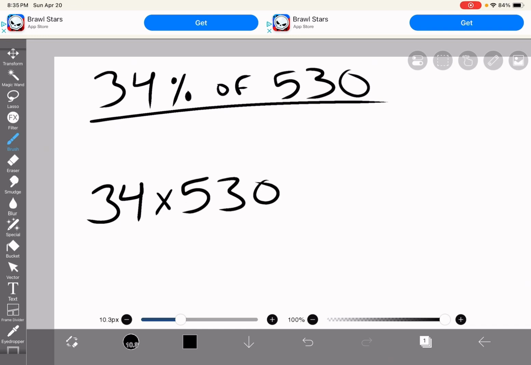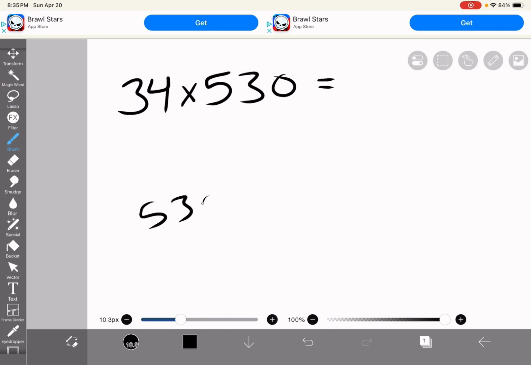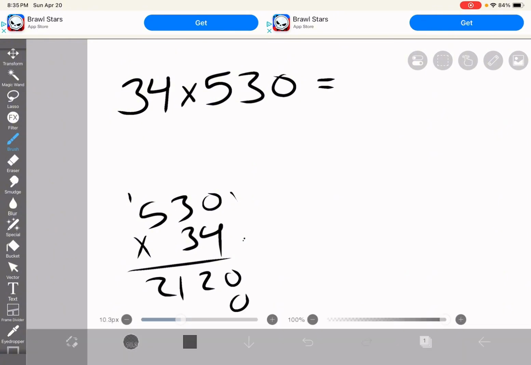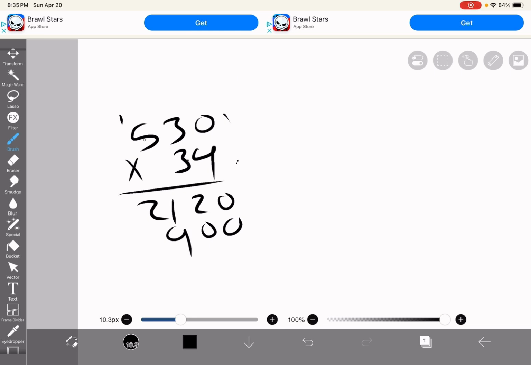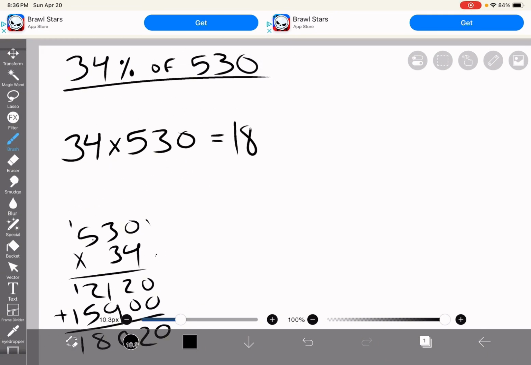So we're just gonna speed through that. 4 times 0 is 0, 4 times 3 is 12, 20, 21, put a 0, 3 times 0, 0, 9, 15, 0, 2, 9, 10, 8, 1. So that's 18,020.